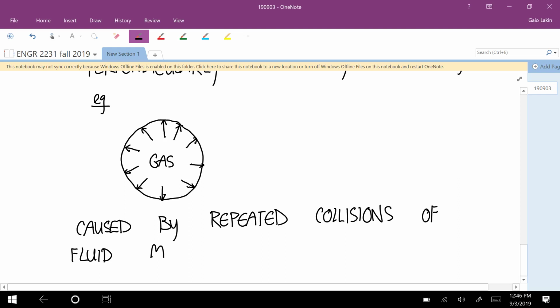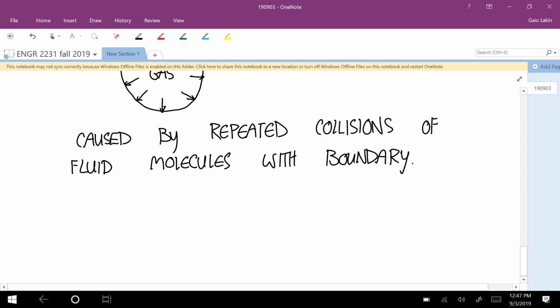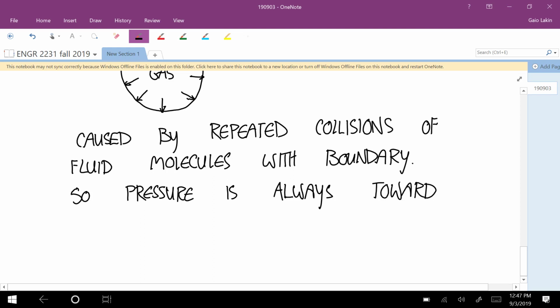So repeated collisions of fluid molecules with the boundary. And what that means is that the pressure is always toward the boundary, away from the fluid.